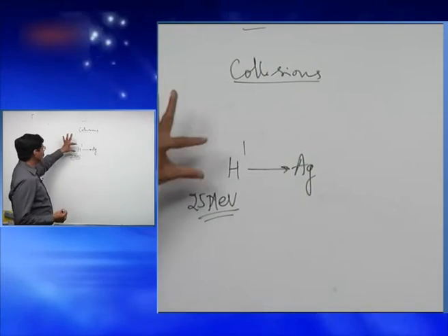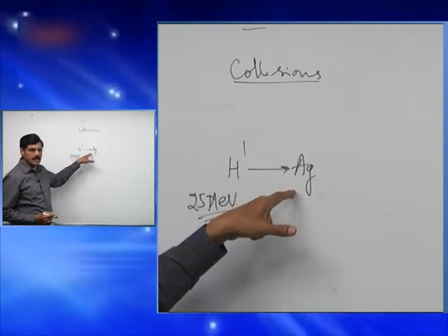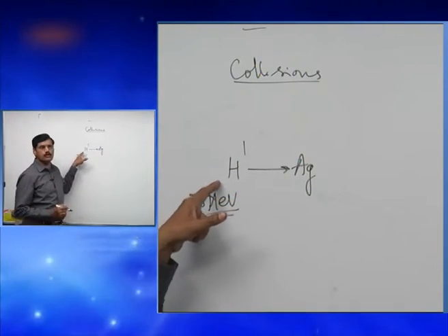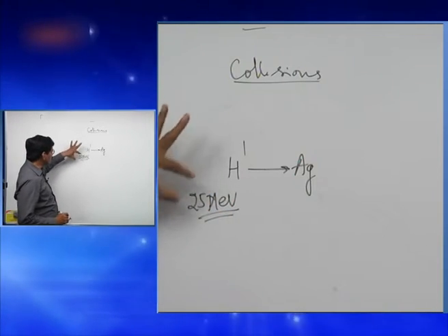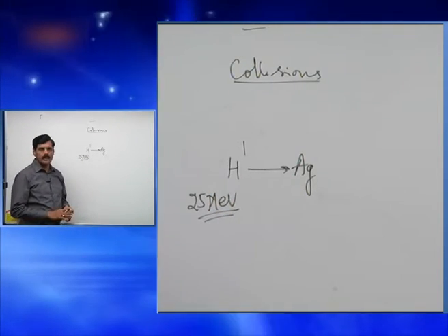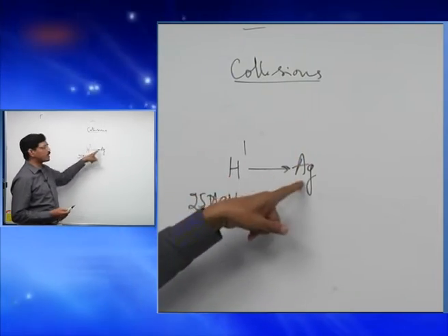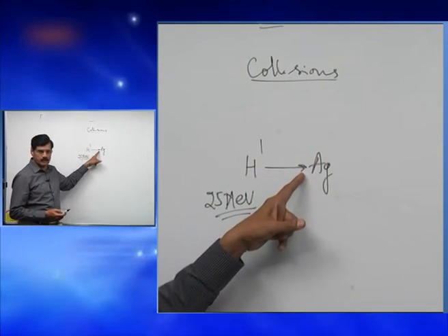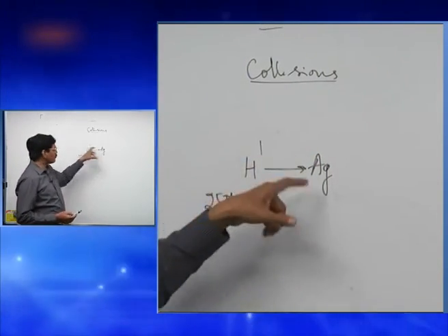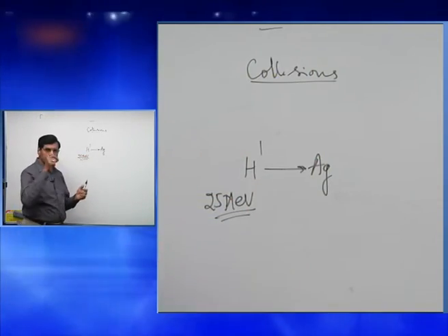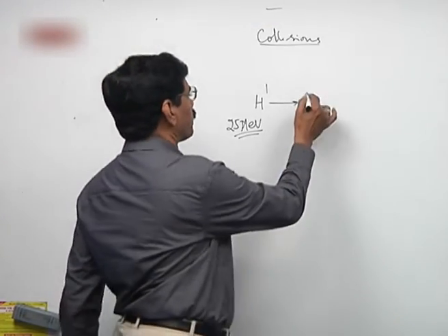What happens? Though the silver nucleus is positively charged, the proton is also positively charged. Because of the high energy of the proton, it will be able to overcome the repulsive force of the silver nucleus. But because of that, what happens? It is going to enter into the silver nucleus.